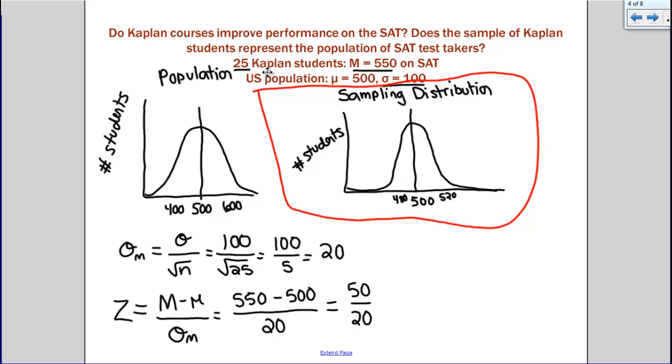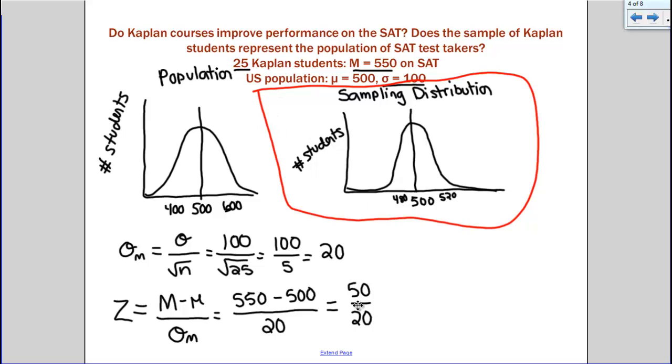Because it's not enough to say, oh, well, my sample mean is larger than my population mean, so Kaplan worked. Because you always expect some sort of difference between your sample mean and your population mean. How much difference do we expect? A 20-point difference. So the real question is, if you're going to decide to take a Kaplan test prep based on this data, it's really expensive. You want to make sure it's actually working.